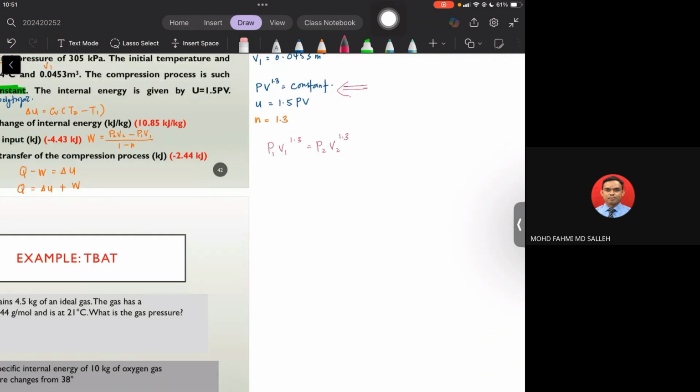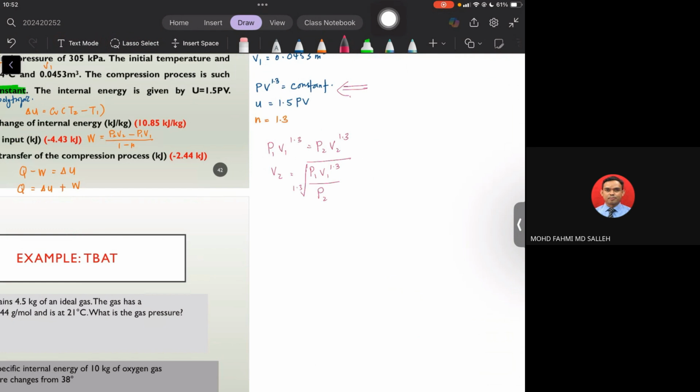Okay, so from here, V2 is equal to P1 V1 power of 1.3 divided by P2, all to the power of 1 over 1.3.